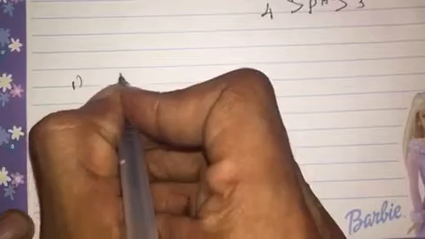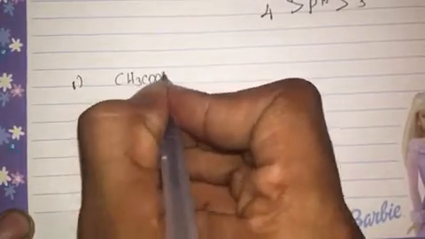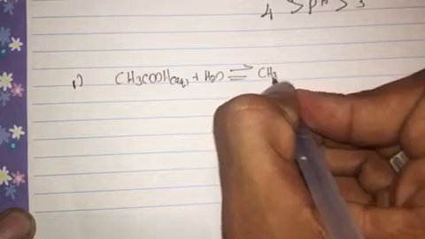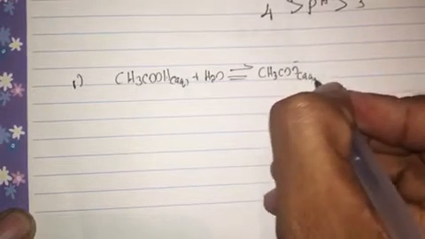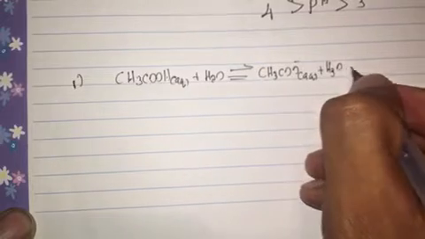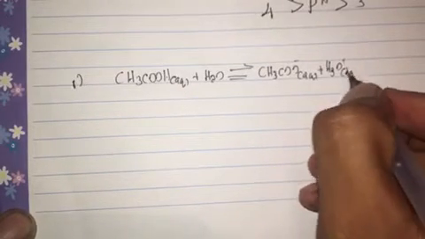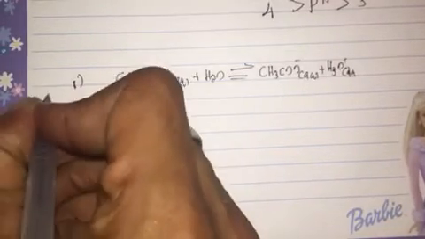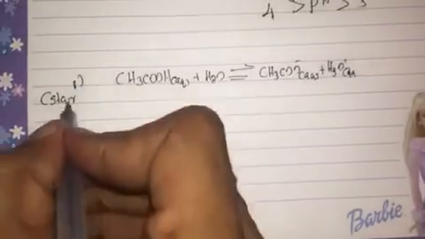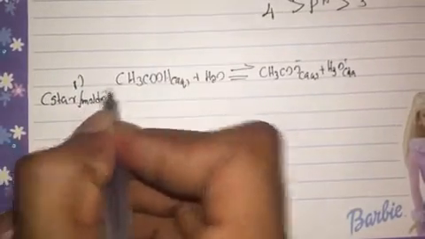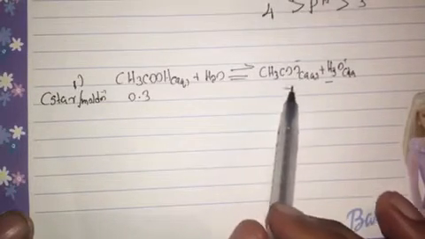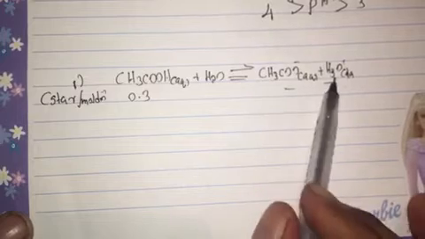Number 1, acetic acid dissociates into CH3COO minus (aq) and H3O plus. Starting concentration of acetic acid is 0.3. At the starting point, in the aqueous medium, there is no acetate or H3O plus.